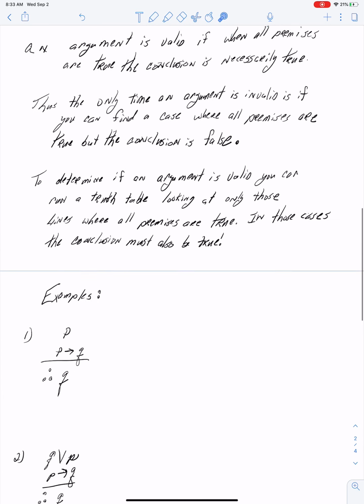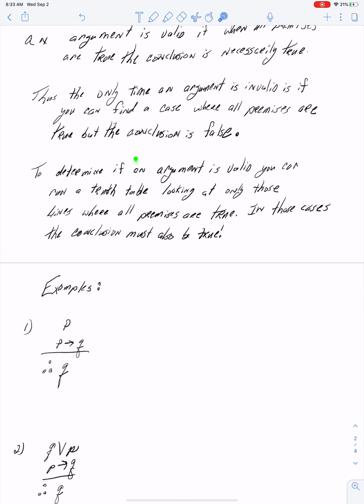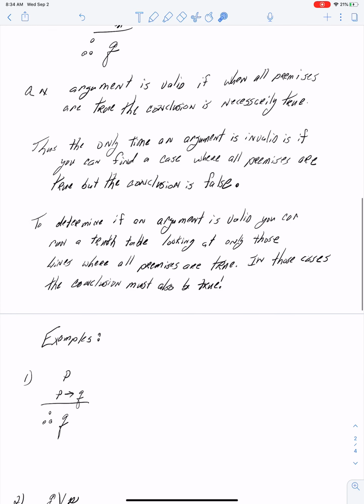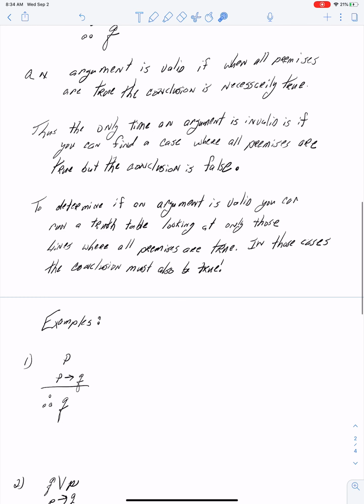So if you think about it for a minute, to determine if an argument is valid, what you do is you run a truth table. And in that truth table, you're going to have a column for every one of the premises, and you're going to have a column for the conclusion. And the point being, you only look at those lines where all the premises are true, right?